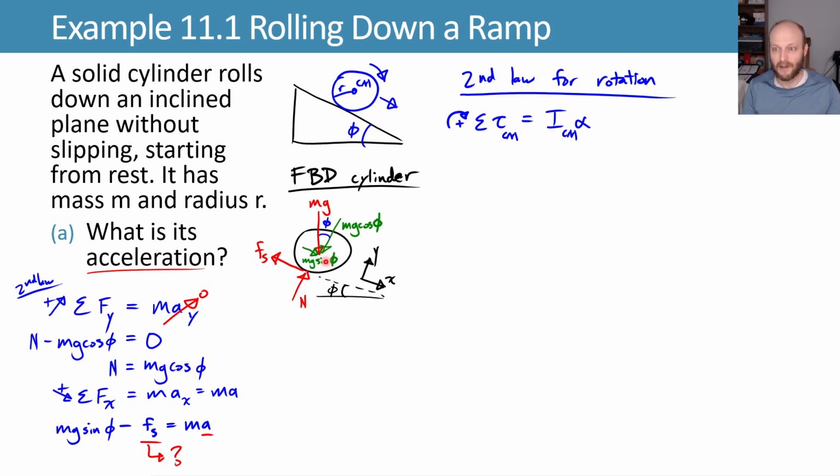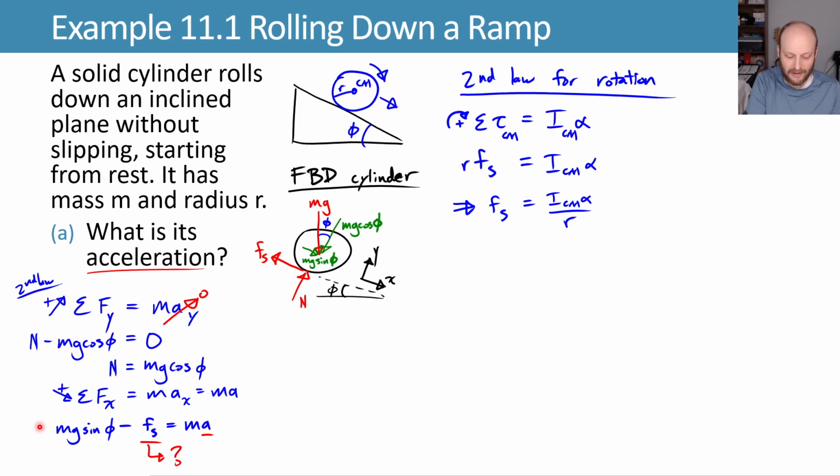And we're just left with r Fs, which I'm calling clockwise positive because this is trying to spin clockwise, how I've drawn it. So we have r Fs is equal to I alpha, where that I is for a cylinder about its central axis. We can solve this for the force of static friction, Fs, by dividing by r on both sides, and we end up with I alpha over r.